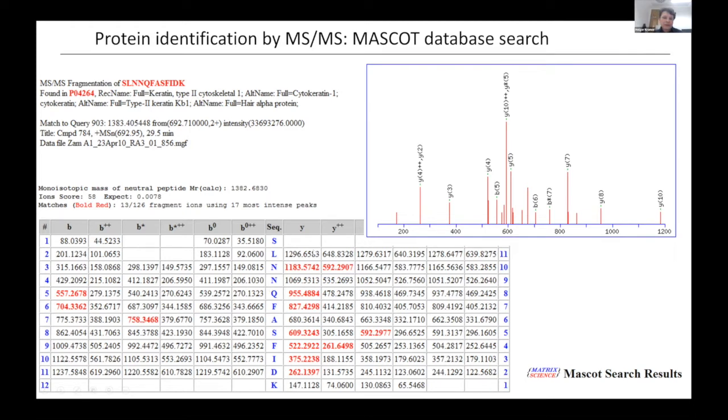In MASCOT, we see this matching between theoretical fragment ions that could be calculated just based on the amino acid sequence, and how they can be matched with experimental peaks, so experimental fragment ion masses. This is shown here by highlighting all of the matched fragments in red. And we observe that there are a lot more Y ions as opposed to B ions, which is actually quite a common thing to observe with tryptic peptides.